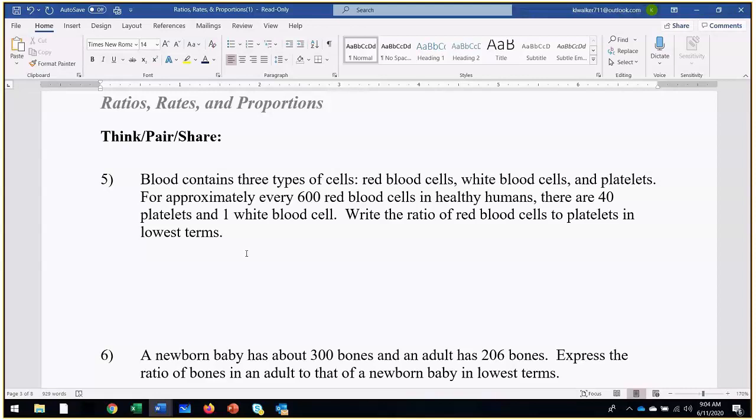They want the ratio of red to platelets in lowest terms. So let's write down what we got here. There's about 600 red cells, 40 platelets, 1 white.